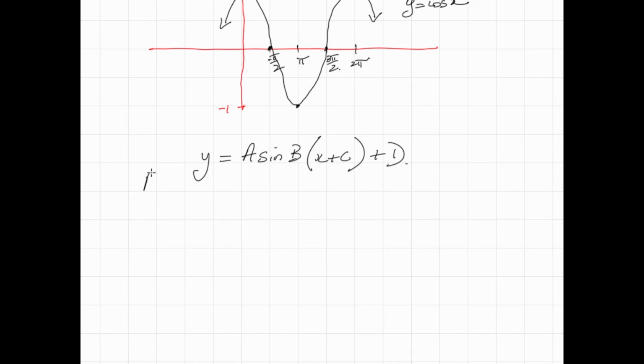So a is the amplitude, and the amplitude is defined as half the distance from a peak to a trough.